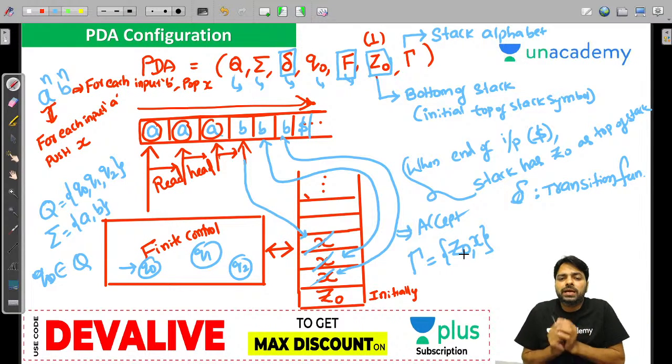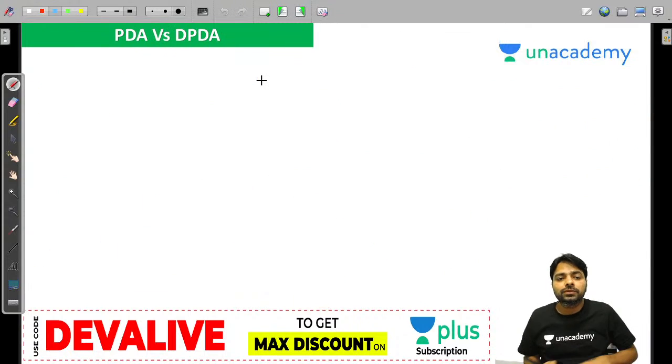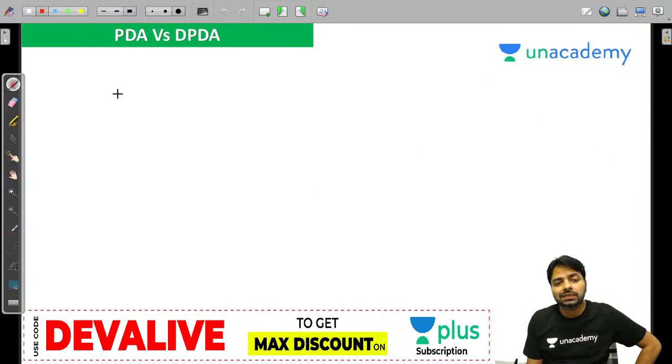This is just the beginning of PDA. What symbols are there in PDA? How do you understand the configuration? And here we have two machines. Guys, if you want to understand the delta, PDA is actually called non-deterministic PDA. Another name of PDA is non-deterministic PDA.